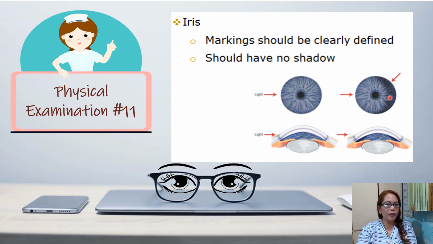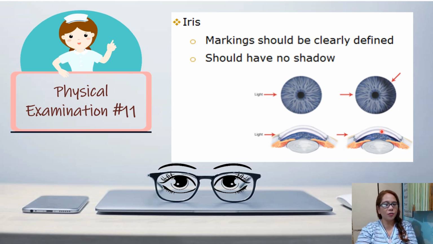This narrow angle, yung nakikita nyo, increases the risk for acute narrow angle glaucoma. Wherein in acute angle glaucoma, there is a sudden increase in the intraocular pressure when the drainage of the aqueous humor is blocked. So, may blockage doon.